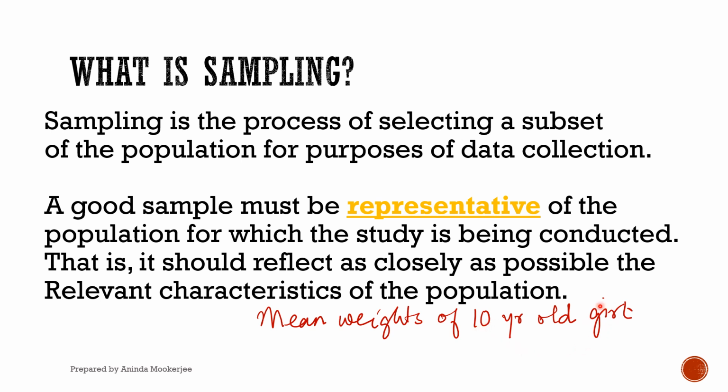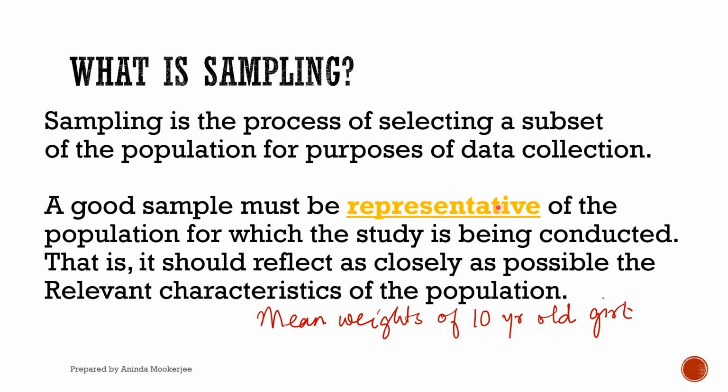And the sample must consist of girls, right? It cannot have boys in it, or adults in it. So we have to make sure that the sample is truly representative of the population that we are studying. If we are studying the mean weights of 10-year-old girls, then our sample must also consist of girls that are 10-year-olds and from that particular country that is being studied.